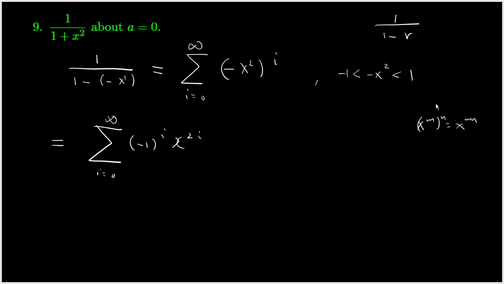This is valid when negative x squared is between -1 and 1. When negative x squared is between -1 and 1, you multiply all the terms by -1, right? It means x squared is greater than -1 and less than 1.